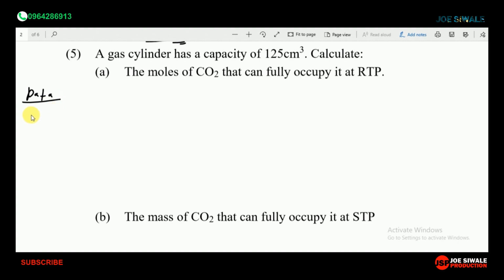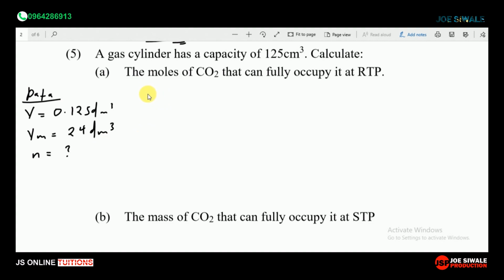The volume has been given as 125 cubic centimeters, and converting it into cubic decimeters, we're going to have 0.125 cubic decimeters. Then the molar volume, we've been told it's at room temperature and pressure, so that's going to be 24 cubic decimeters. Then the number of moles, we've been told to calculate, we don't know.